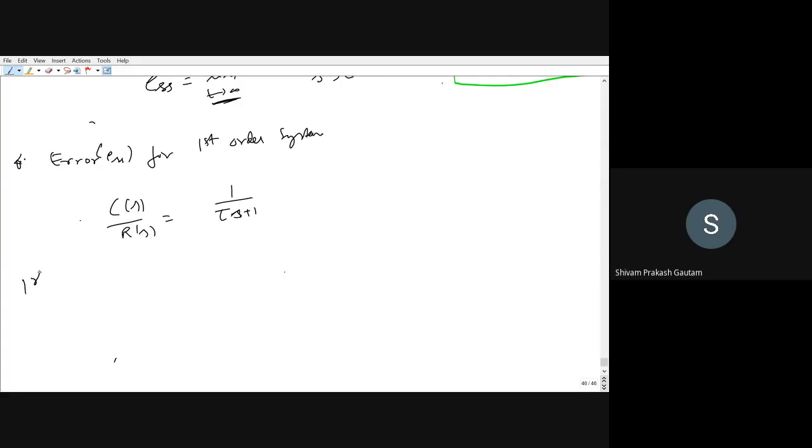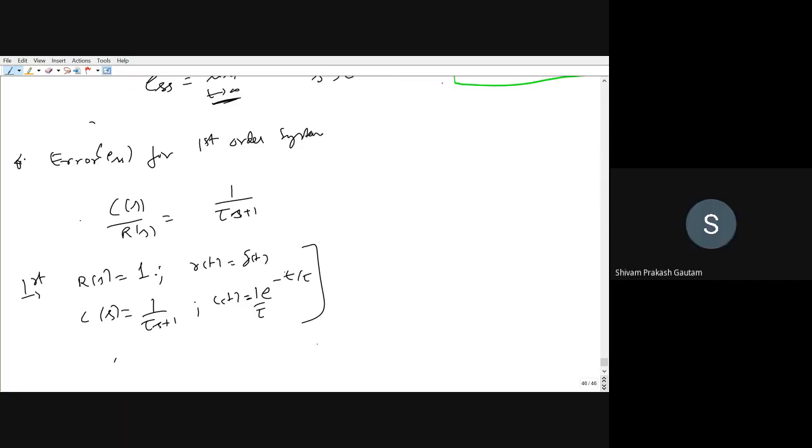In the first case, we considered R(s) to be an impulse function, that is R(s) equal to 1 and R(t) equal to delta t. For this case, C(s) is 1 upon tau s plus 1, and C(t) is 1 by tau e to the power minus t by tau. These are the results we have already obtained.